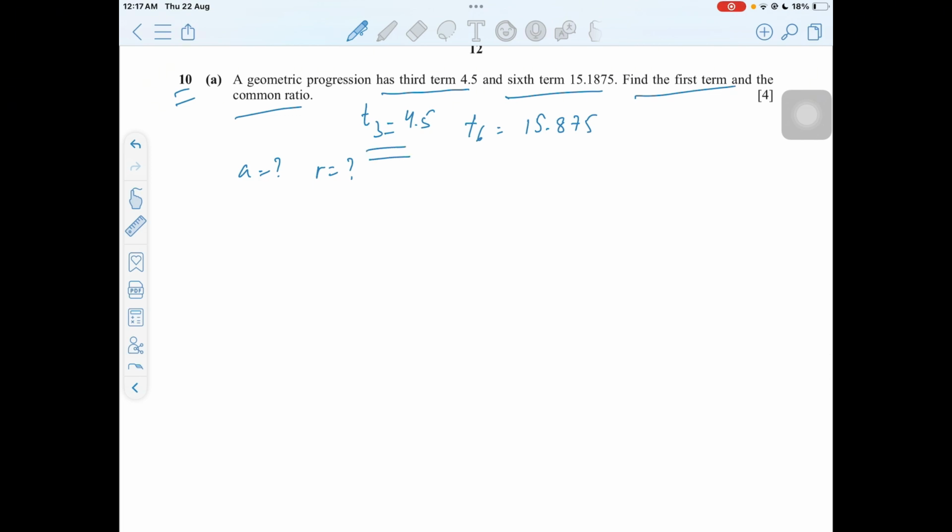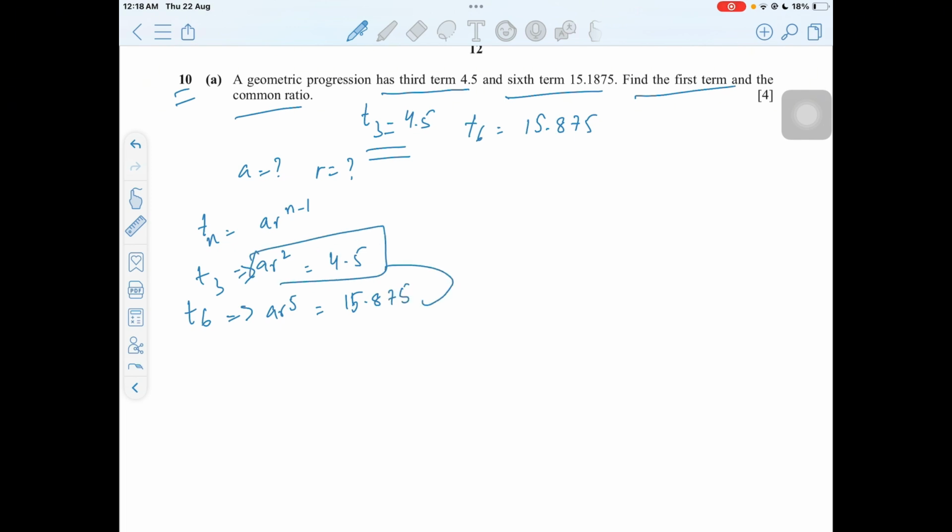Our t3 would be, this is written as a r power n minus 1. Our tn is written as this. So we have our 3. So this would be a r squared equals 4.5. And our t6 can be written as a r to the 5, which equals 15.875. We'll be dividing this by this.